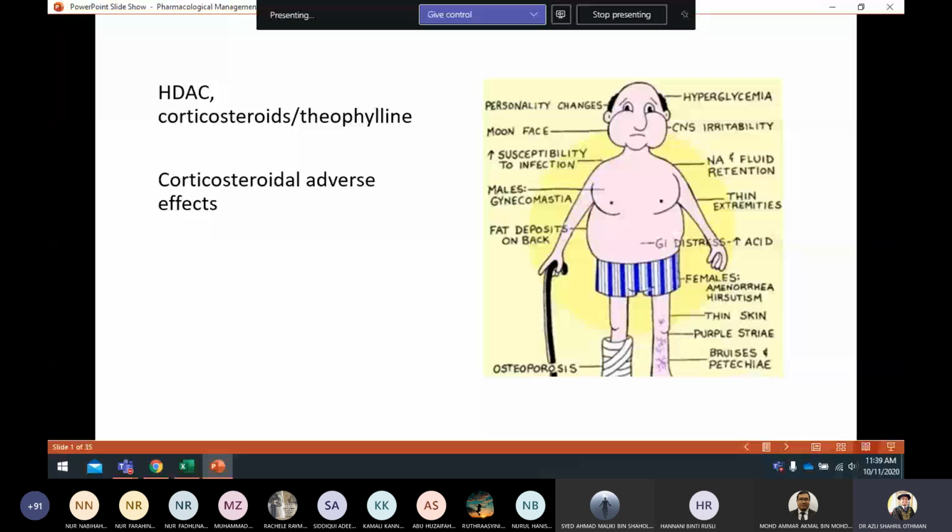Obviously, today we are going to focus the discussion on antibiotics, on antibacterial and antiviral drugs. But nevertheless, these are not the only drugs that are given in a disease setting, for example, respiratory infection.